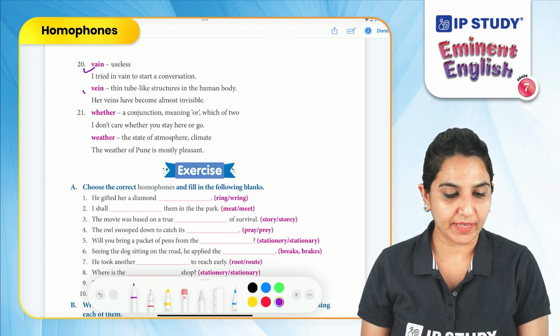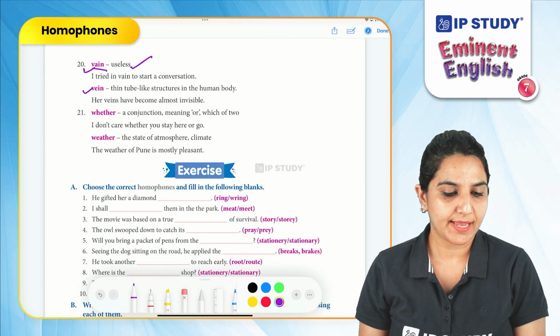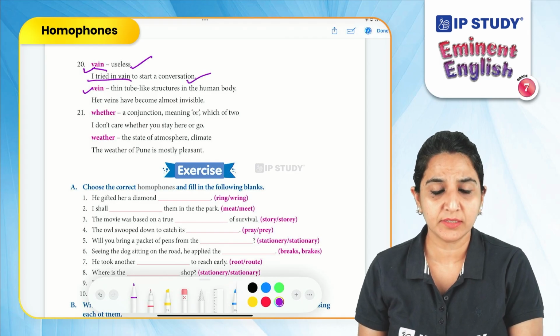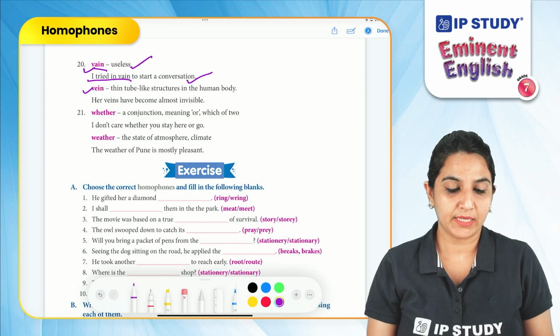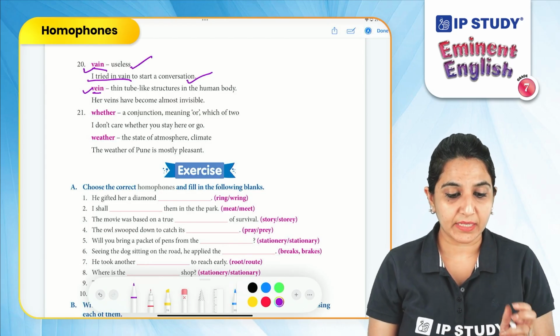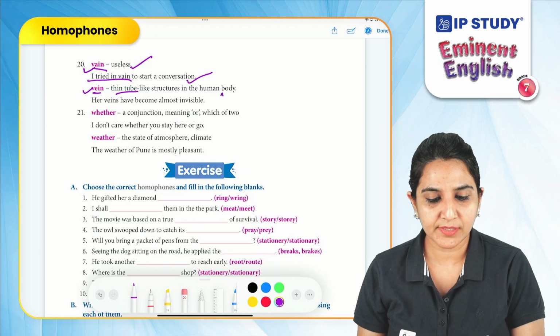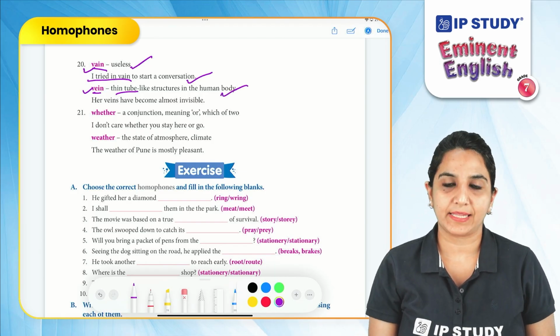Vain, vain. Vain with AIN means useless. I tried in vain to start a conversation. We tried everything, but it was in vain. Vein. This vein with VEIN means thin tube-like structures in the human body, the veins that you can also see in your hands.